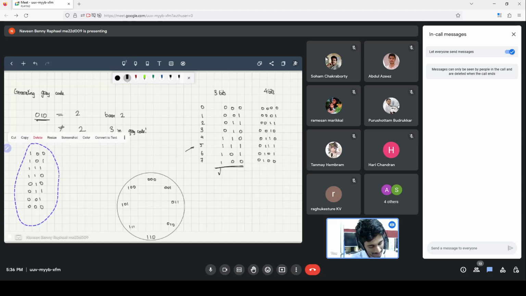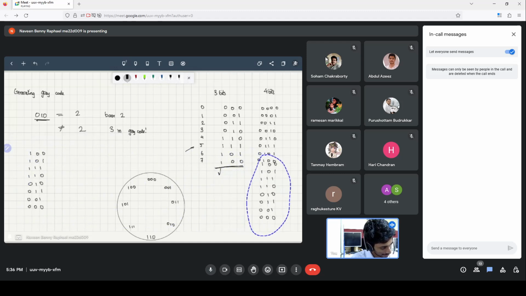I take the 3 bits and I generate the flipped version, which is also a gray code essentially. And then for the 4-bit gray code, I just paste it in the bottom. Take the 3-bit stuff, flip it, paste it in the bottom, and I add a 1 in front of everything in the front.